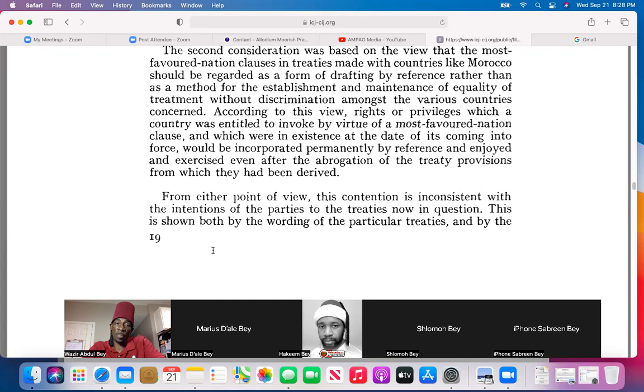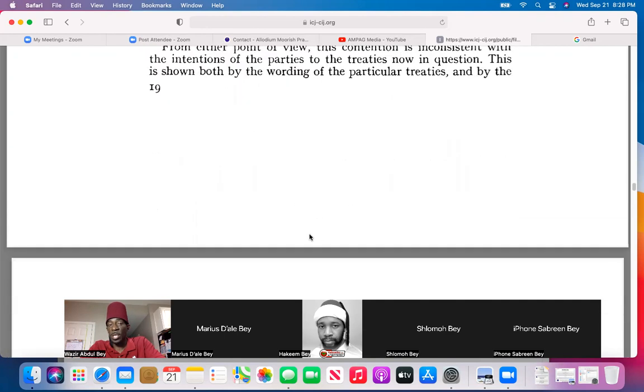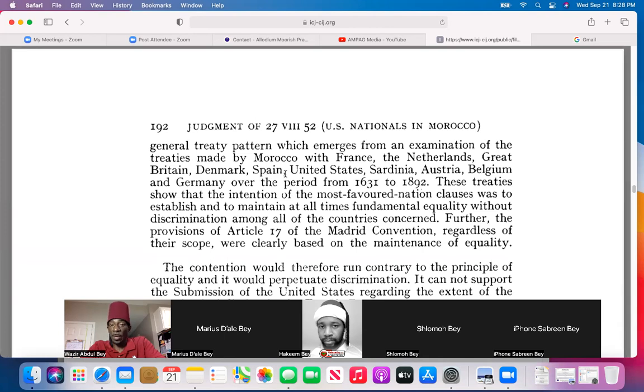So from either point of view, this contention is inconsistent with the intentions of the parties to the treaties now in question. This is known both by the wording of the particular treaties and by the general treaty pattern, which emerges from an examination of the treaties made by Morocco with France, the Netherlands, Great Britain, Denmark, Spain, United States, Sardinia, Austria, Belgium, and Germany over the period from 1631 to 1892.